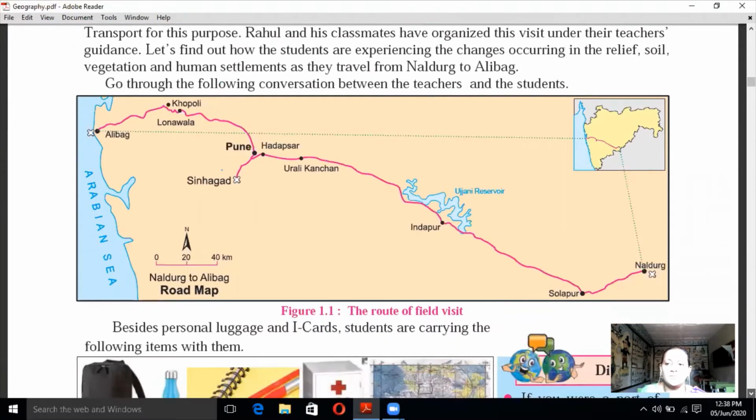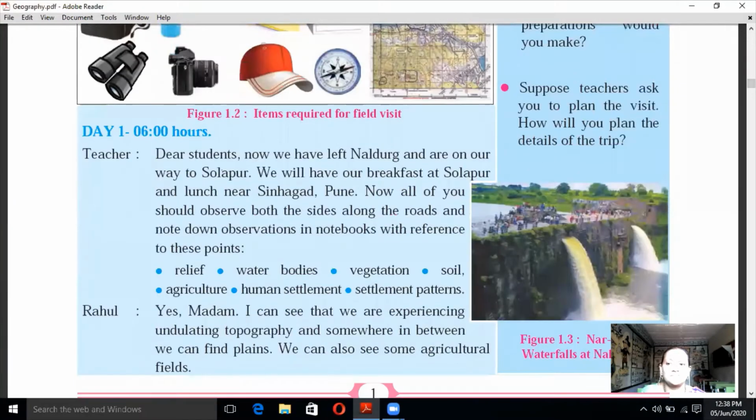how they will go to the planned field visit. That road map you will see in your textbook, and that road map helps the students go to the particular field visit.